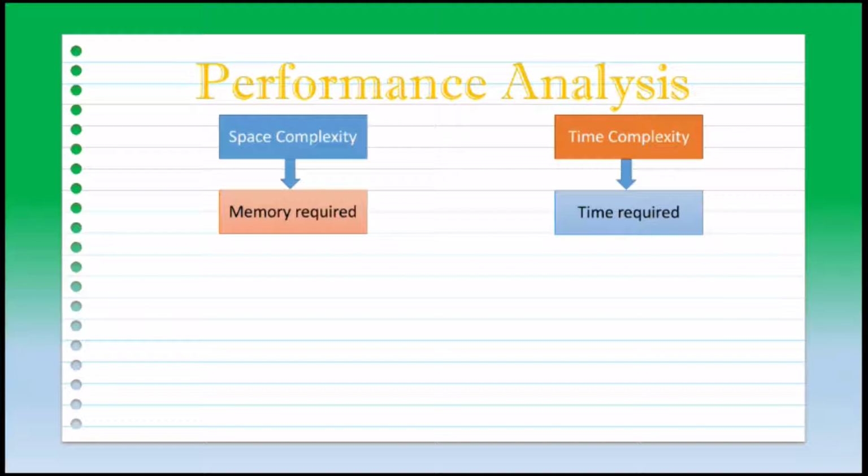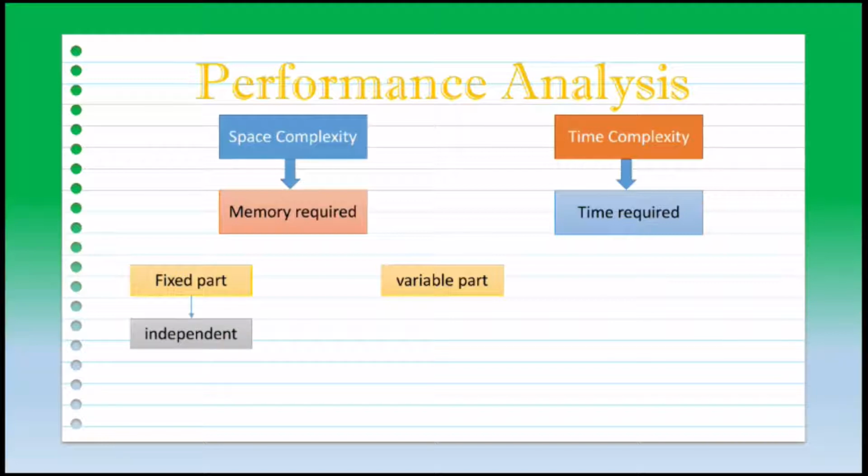Space complexity of an algorithm depends on two parts. The first one is the fixed part and the second one is the variable part. The fixed part is independent of characteristics of the input. That means this part is based on the instruction space required for the algorithm.